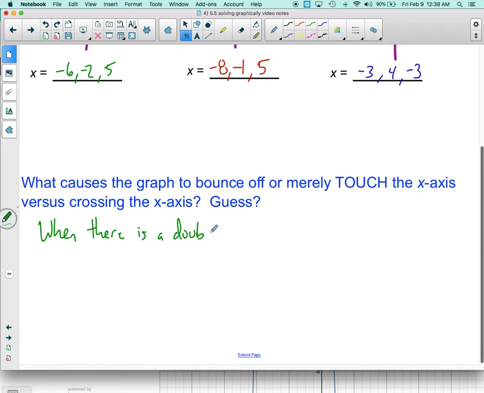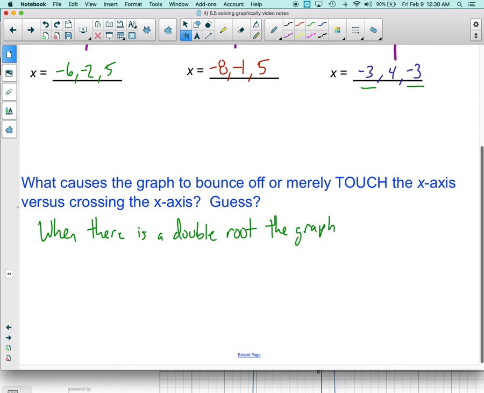So we have solutions, we have zeros, we have x-intercepts, and then we have roots. Those 4 terms are all connected. And so when we have a double root, or a root that shows up twice, a 0 that shows up twice, the graph will bounce at that point.